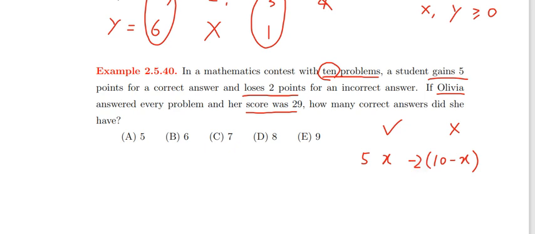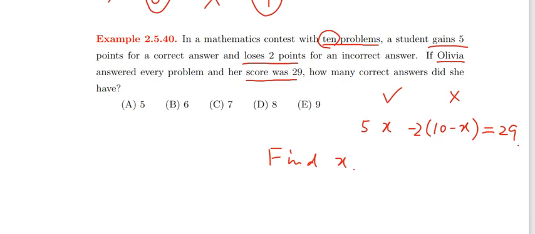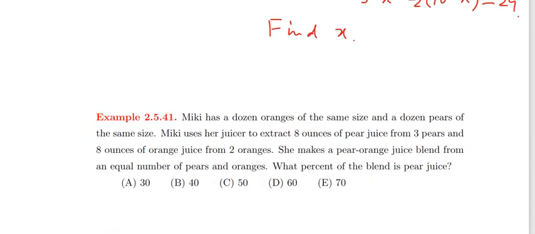So this is the total score. Her score is 29. So we just want to solve for X. Such an easy problem, right? It's just a one variable linear equation.